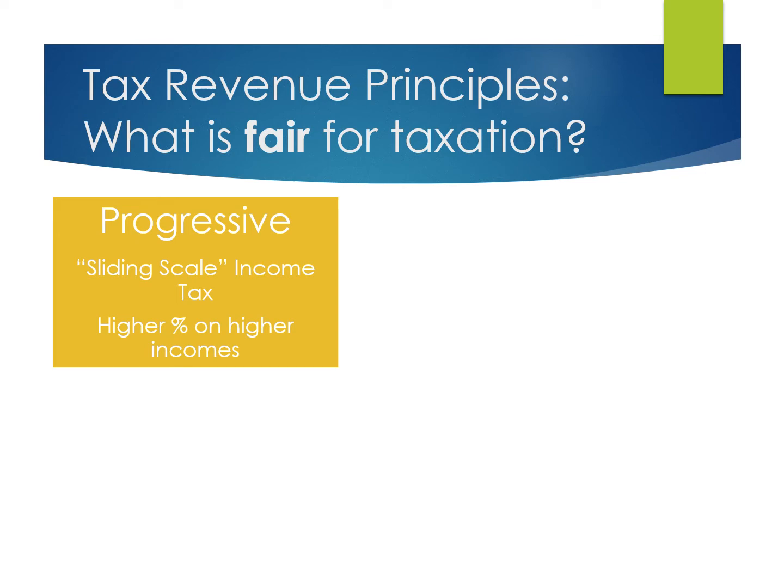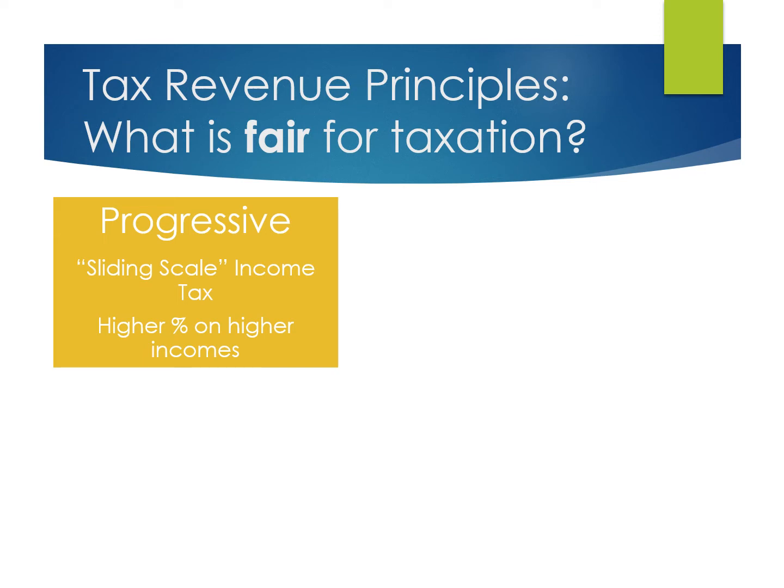One well-known revenue principle is called progressive taxation. And progressive taxation, as you might guess, was favored by our friends, the progressives. This is the form of income tax we have at the national level, and many states have this as well.